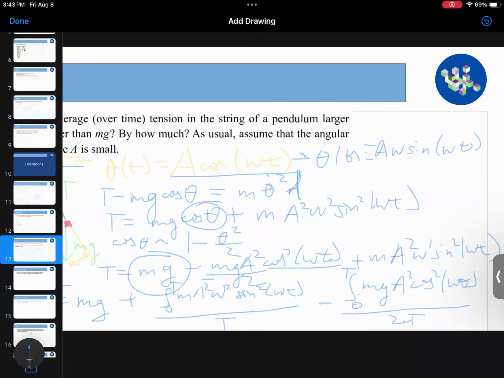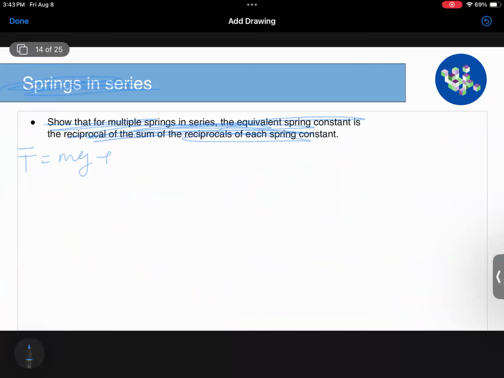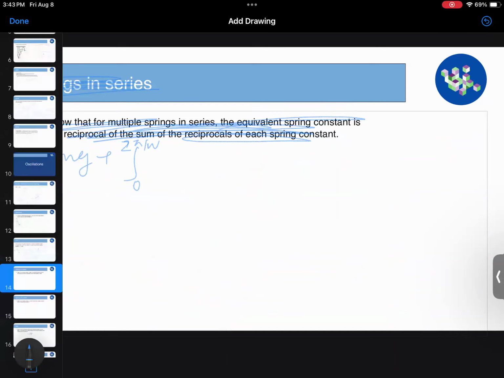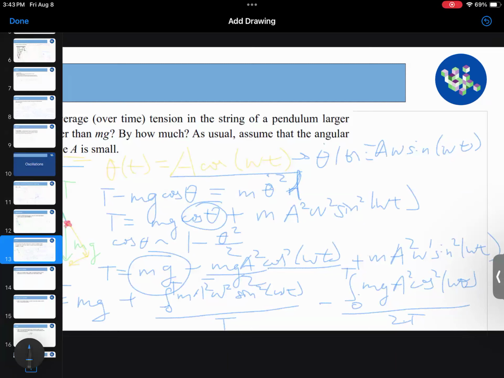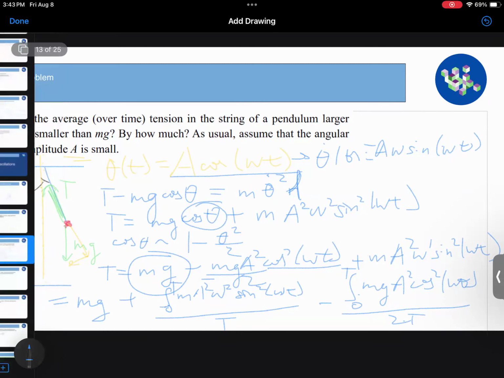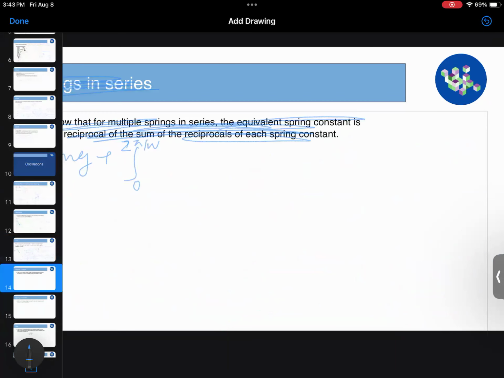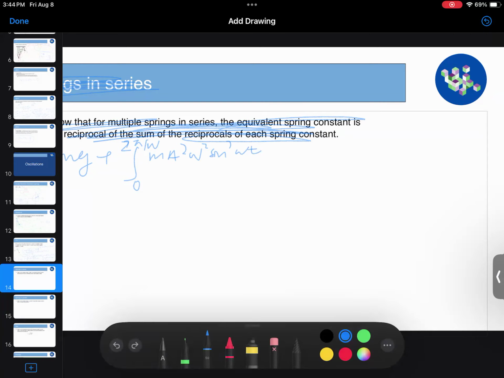notice our period T is 2 pi over omega, right? So the integral from 0 to 2 pi over omega of, what was it again? M a squared omega squared sine squared omega t, okay? And then we divide by the total period, so this should be divided by 2 pi over omega.